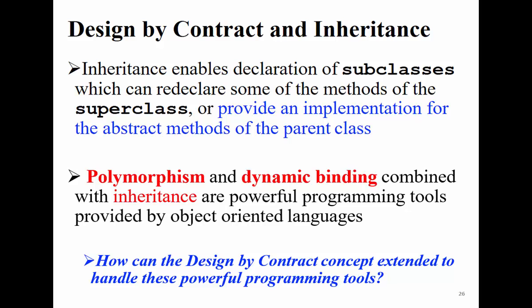And that is also polymorphism. Polymorphism means dynamic binding. So inheritance is a very powerful tool, as we saw in the previous slide. We can create only one method, okay? And then we call the right method based on the actual type of the objects. How is the design by contract concept extended to handle such powerful things by introducing inheritance?